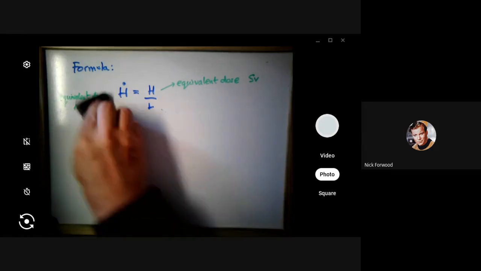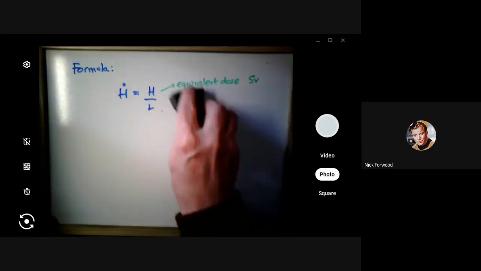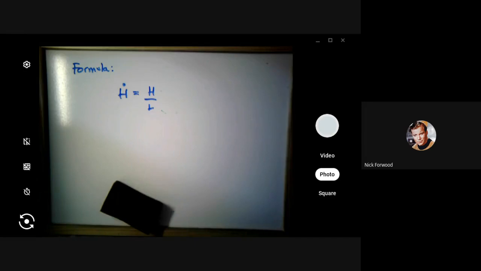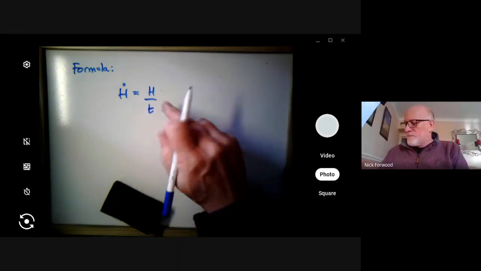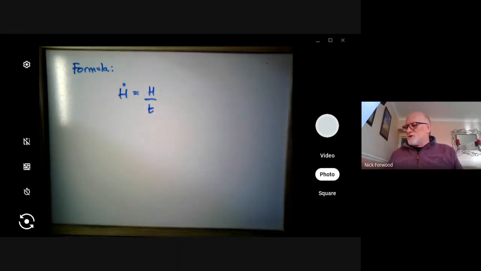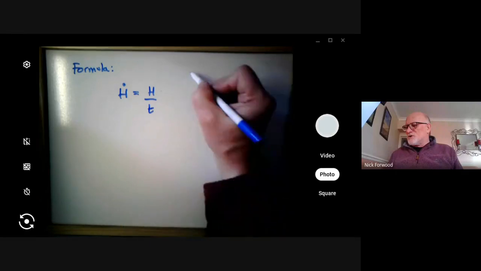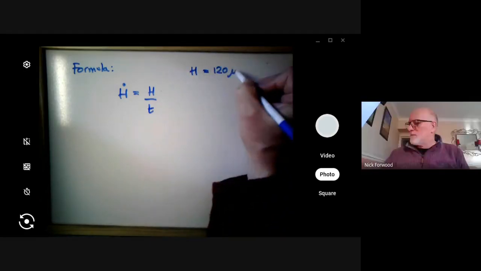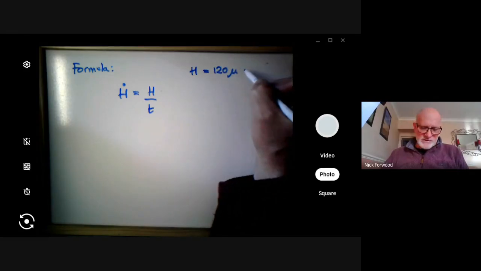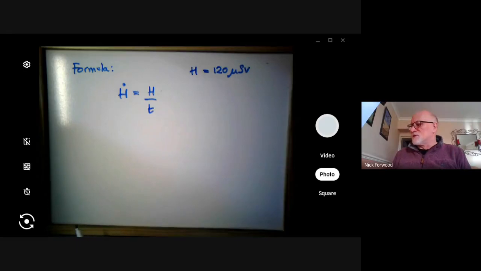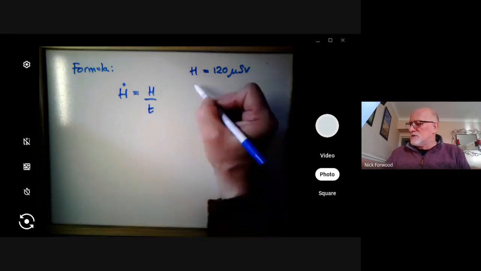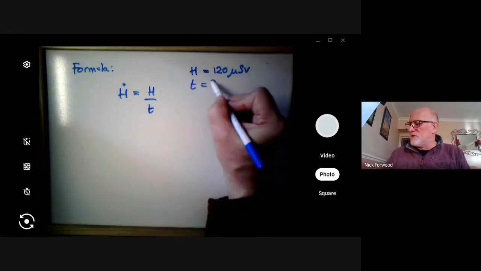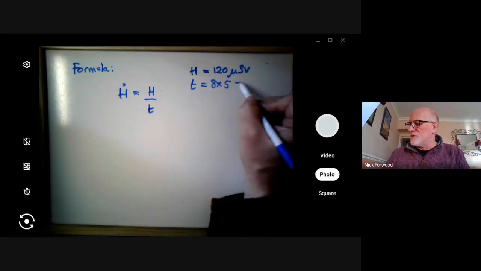So I've got my formula. H dot is H over T. So H we've already got, which is 120 microsieverts. That's our dose, the total dose we've received in the week. The time period is 8 times 5, which is 40 hours.